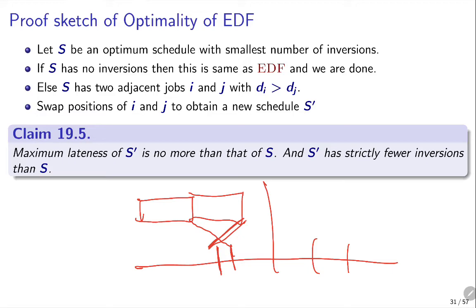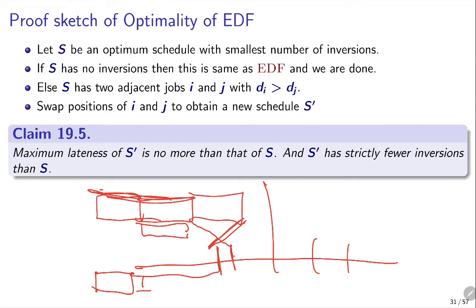I still claim that it is better to schedule them the other way, right? Because if I schedule the first one first, then maybe I should draw it below. If I flip them, let's make this job a bit longer if you don't mind. The first one is a bit longer. So if I schedule the first one first, I exchange them, right? Then it would go to this job, and then the big job would go here, and it would pay this, right?